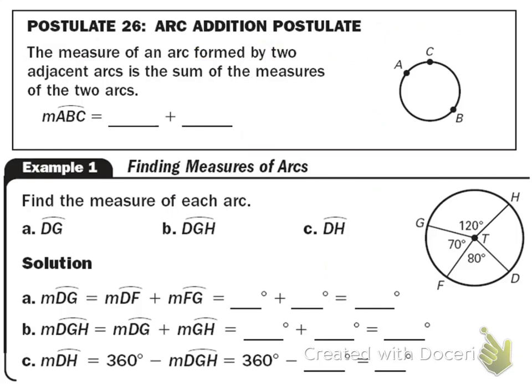The arc addition postulate. Sometimes, to find the measure of an arc, we may need to add two or more arcs together. For instance, if I wanted to find the measure of the arc ABC, that would be an arc beginning at A, going towards B, and ending at C. To find the measure of this arc, then, I would add arc AB plus arc BC.